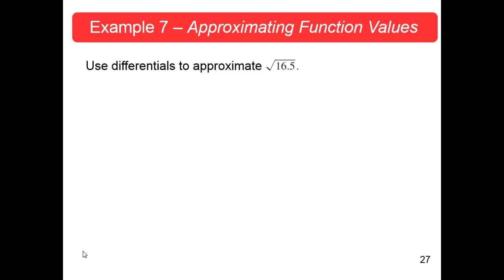We just want an approximation to it. We don't want the exact values. Okay? So what would you say, choose your x? What's going to be an easy x to take a square root of that's pretty close to 16.5? 16, okay?